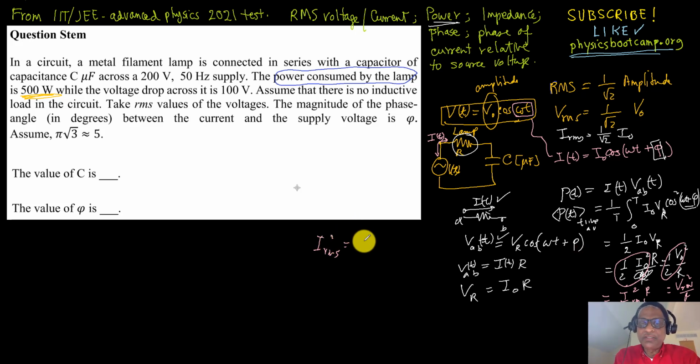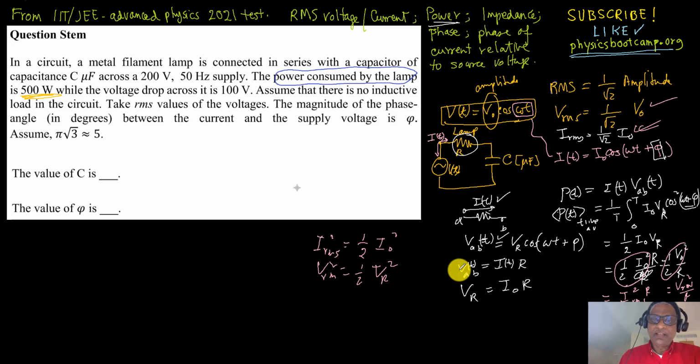So this is equal to 1/2 I0 square, and that's the relationship. IRMS square is 1/2 I0 square, and VRMS square is 1/2 V0 square, and that's the relation for RMS. This holds for all properties that oscillate like this, and we define RMS that way. Okay, so now you know the definition of RMS.